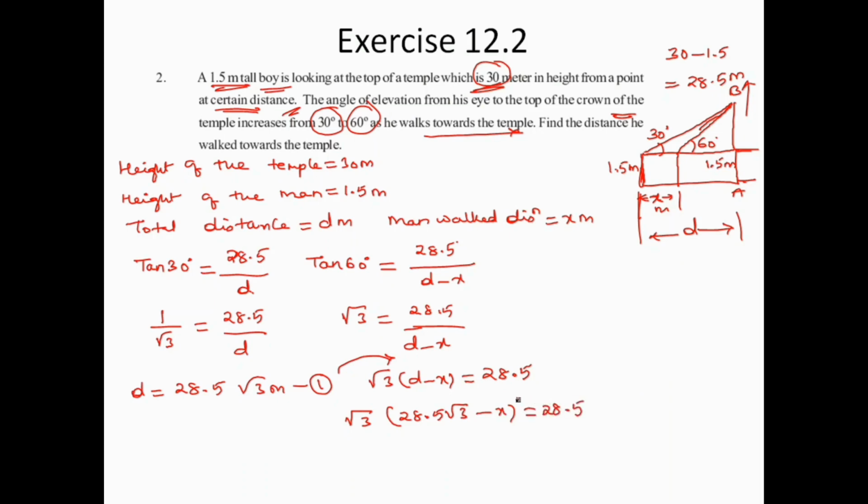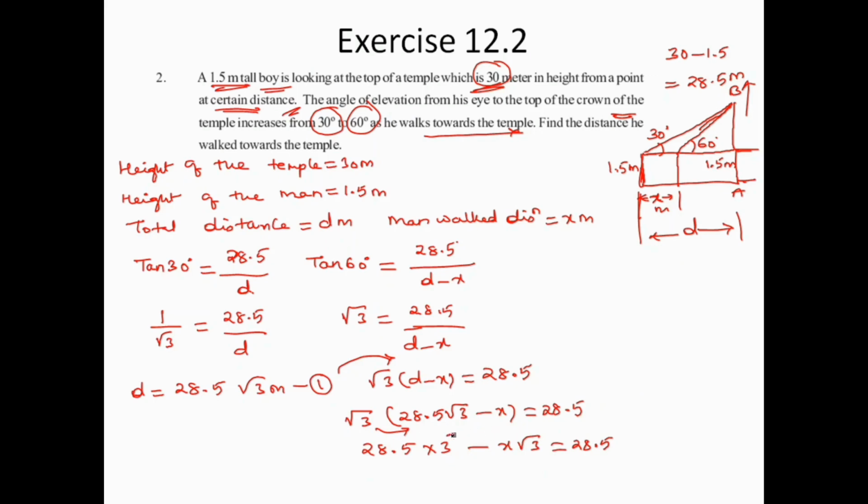I hope this is clear to everyone, right? So let me bring calculation inside. So the resultant is 85.5 minus x root 3 equal to 28.5 is your resultant, isn't it?